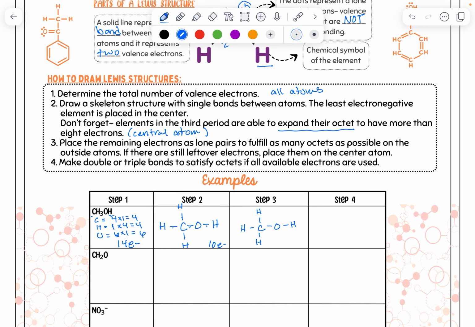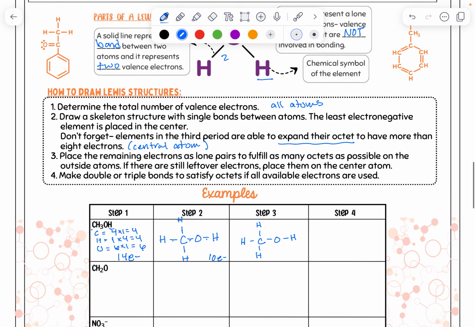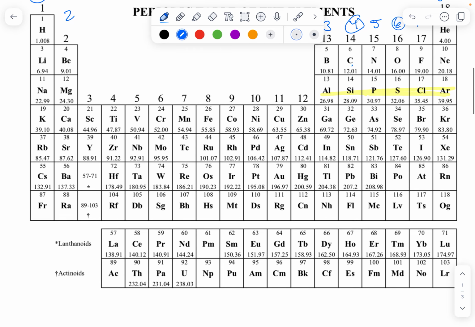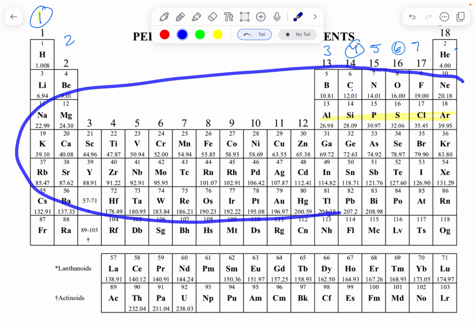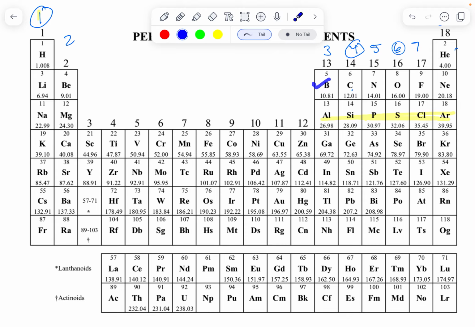So my hydrogen can only have 2 electrons, right? Because hydrogen's an exception. Hydrogen is here, and it has 1 valence electron, but it's in the first row of my periodic table, so hydrogen can actually only have 2 electrons, same with helium. The rest of my elements have to satisfy the octet rule. There are some exceptions like boron, but in general, that's the case.